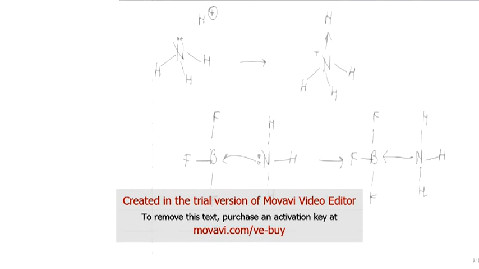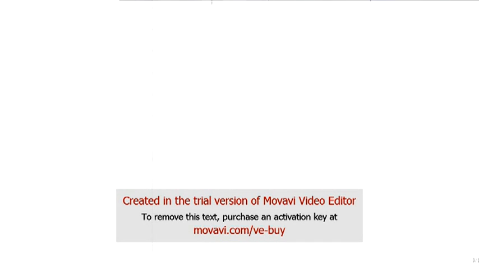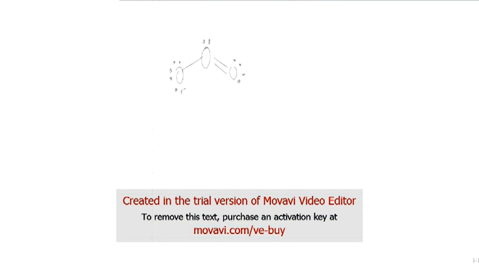I can take one example. For example, you can take ozone. The Lewis structure of ozone is this. If you calculate the formal charges of different oxygens, you find that for this oxygen, the formal charge would be 6 minus lone pairs.